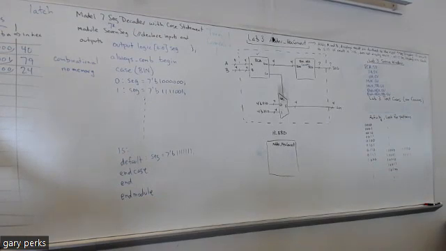Say it defaults to base 10, you can change it to binary, you can change it to hex. Up in the upper right-hand corner of the screen when you're looking at the timing diagram, there's a gear symbol. If you click the gear symbol, you'll see there's an option where you can change the base.